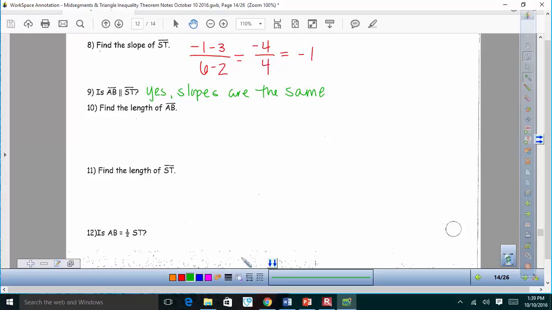Okay, now they want us to find the length of AB. So what can we equate length with? Distance. Okay, so we're going to have to plug into our distance formula.